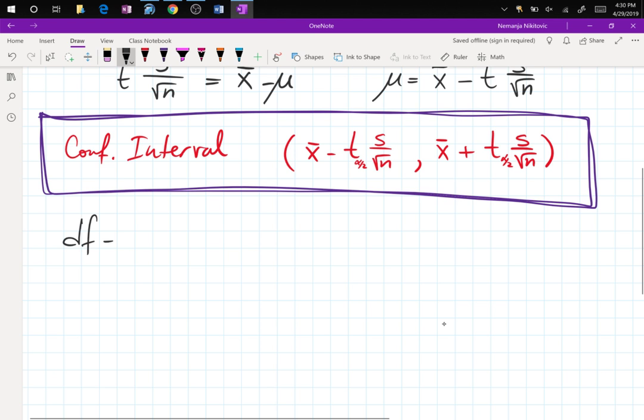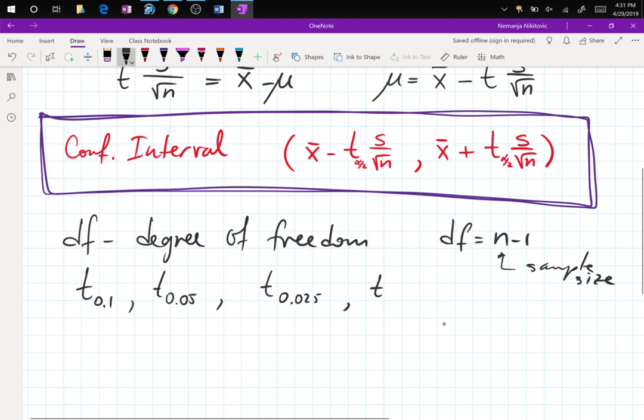Now, if you look on the top, you only have certain T-scores that you can get: T of 0.1, that's 10%, then T of 0.05, that's 5%, and then 2.5%, T of 0.025, T of 0.01, that's 1%, and finally 0.5%, T of 0.005.